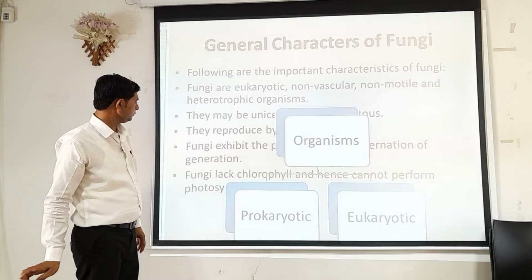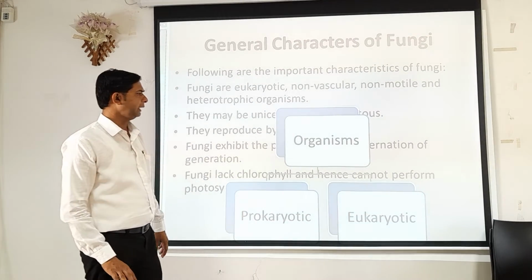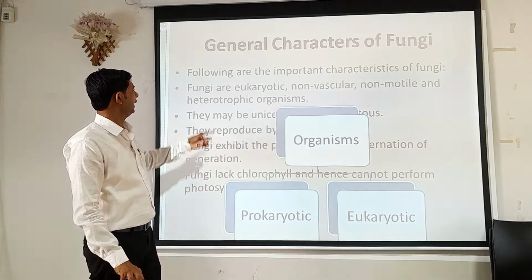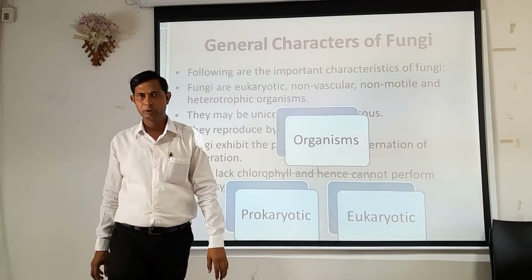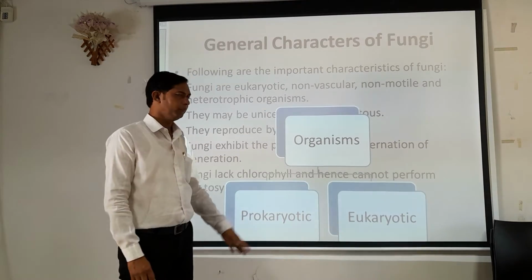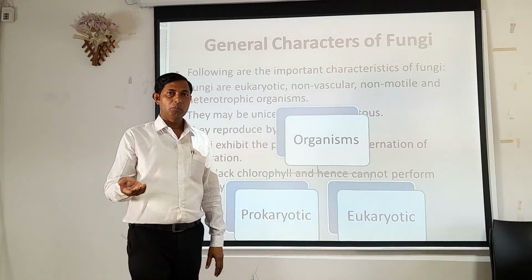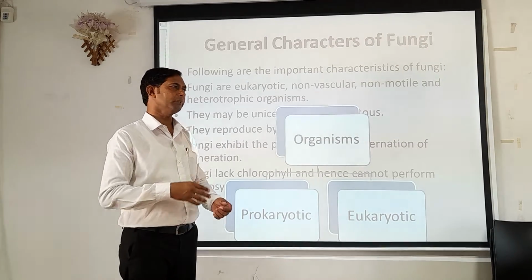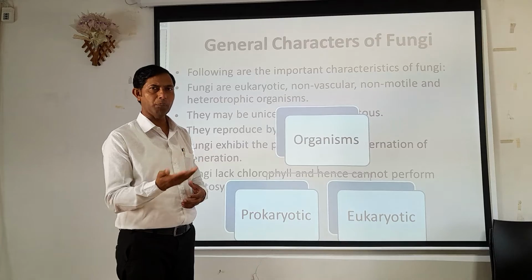So alternation of generation is observed in fungi. Fungi lack chlorophyll and hence cannot perform photosynthesis, and that's why they are known as heterotrophic organisms. As we discussed earlier, they don't have the pigment chlorophyll, and that's why most fungi are observed with colored structures. For example, some fungi are red, black.